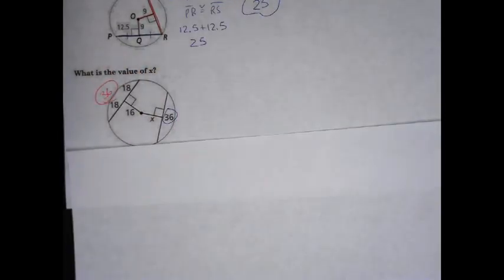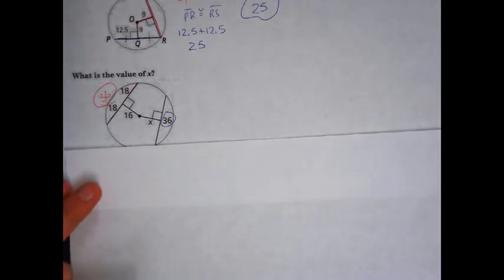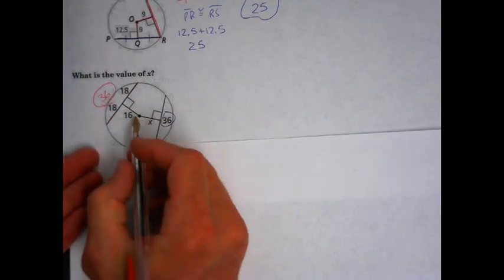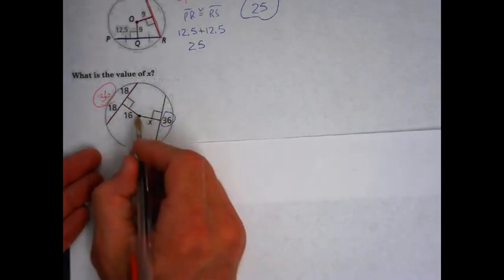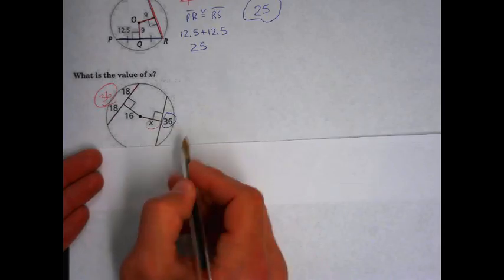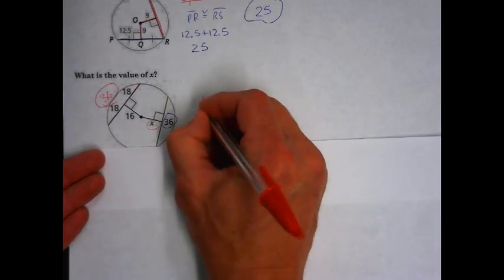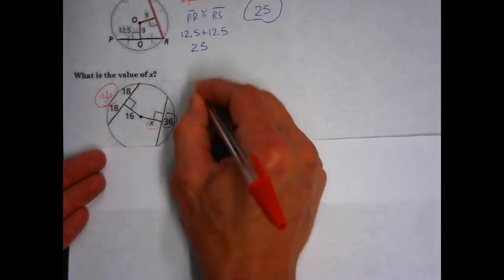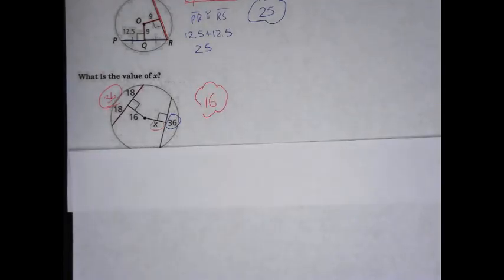So those chords are congruent. If the chords are congruent, that means they are equidistant from the center. So if the distance of the center of one of the chords is 16, guess what the distance from the center of the other chord is? Also 16. So if we know those notes, we can really navigate our way around chords and arcs.